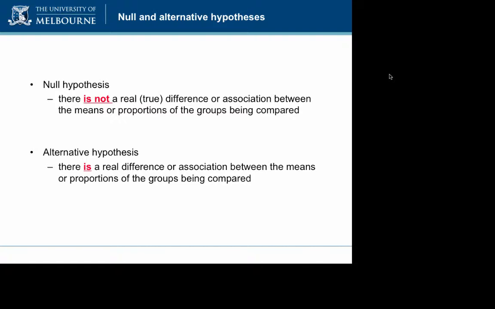So usually in research, we develop two hypotheses. One is the null hypothesis, which says that there is no real difference between our groups. And then the alternative hypothesis is that there is a difference. Usually we don't specify whether the difference is greater or smaller, and that's called a two-tailed hypothesis test.